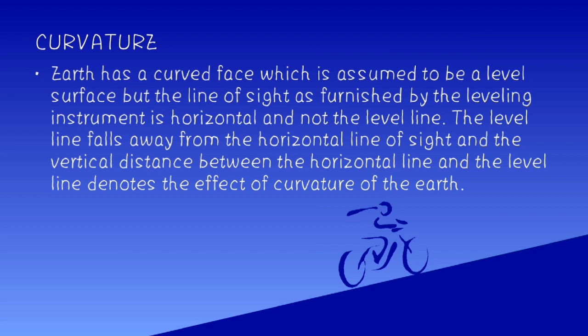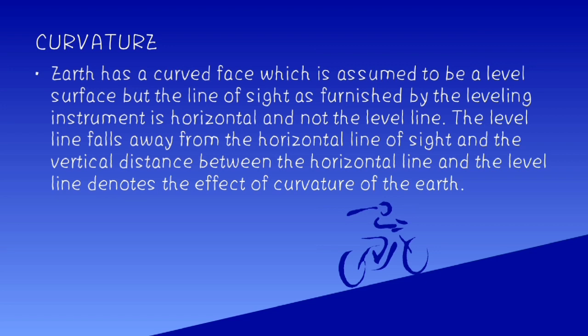Therefore, all points on the line of sight are not equidistant from the surface of the Earth, and consequently, the points read on the staff are not strictly at the same level as the horizontal hair of the diaphragm. The level line falls away from the horizontal line of sight, and the vertical distance between the horizontal line and the level line denotes the effect of curvature of the Earth.